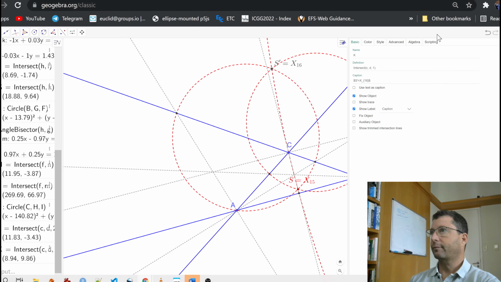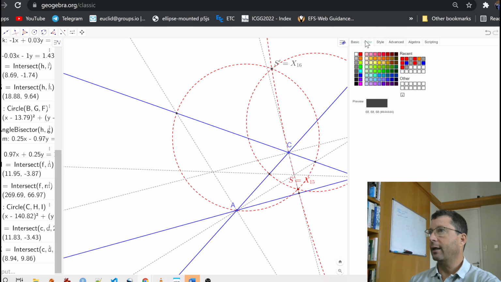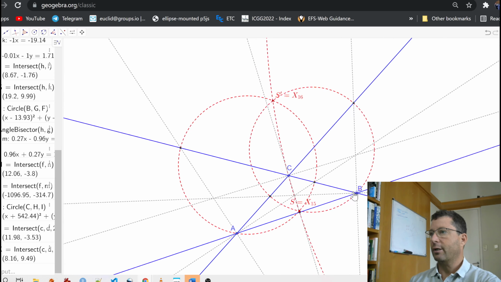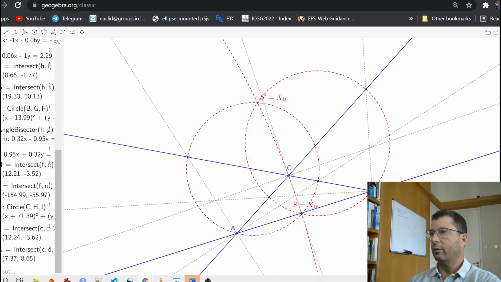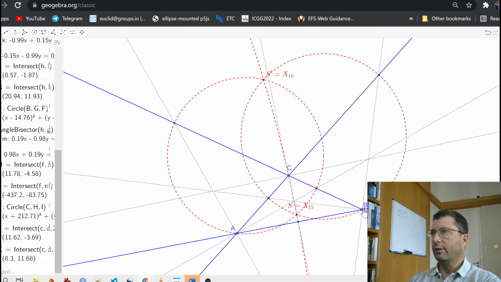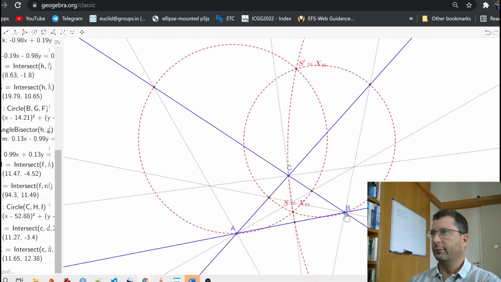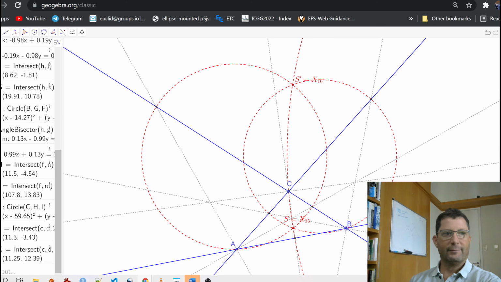There you go. And let's make this one also colored red. So there you have it. I have the two isodynamic points of a triangle constructed using the construction suggested in Wolfram's MathWorld. All right, see you in the next video.